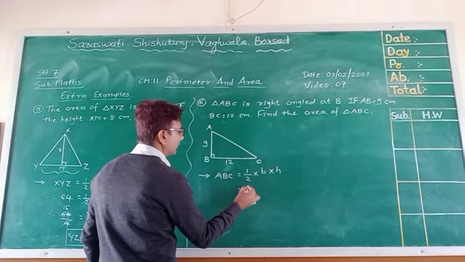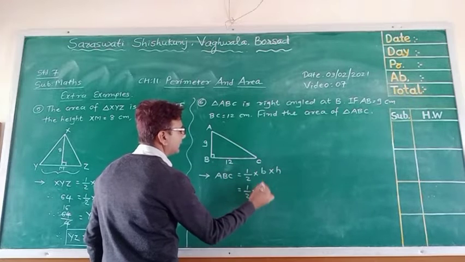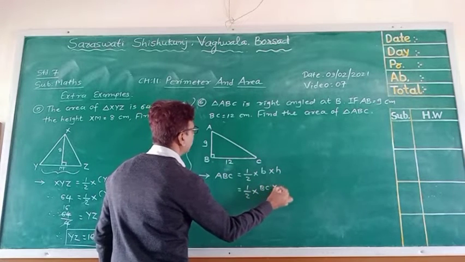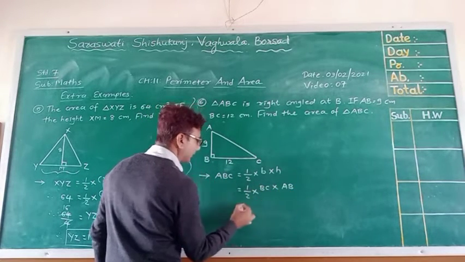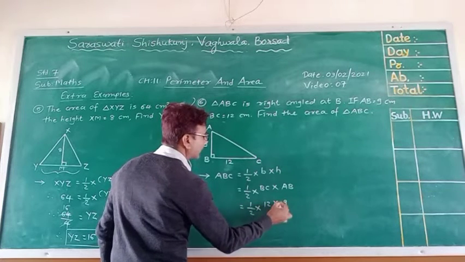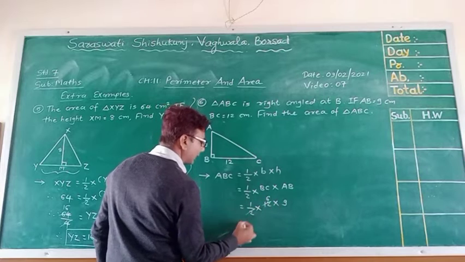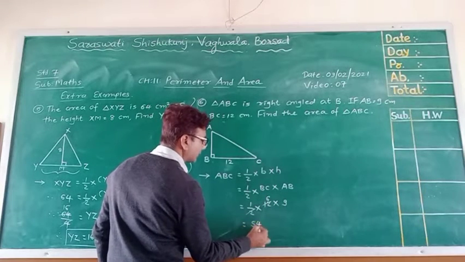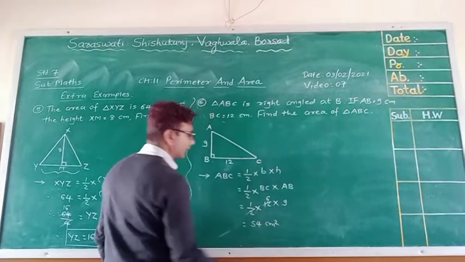This base is BC and height is AB. So 1/2 base is 12 and this is 9. 2 sixes are 12, and 6 nines are 54 centimeters square.